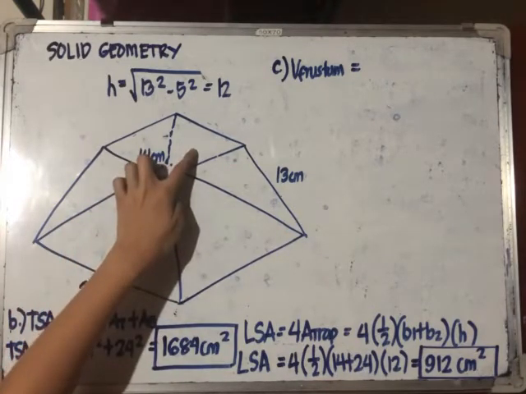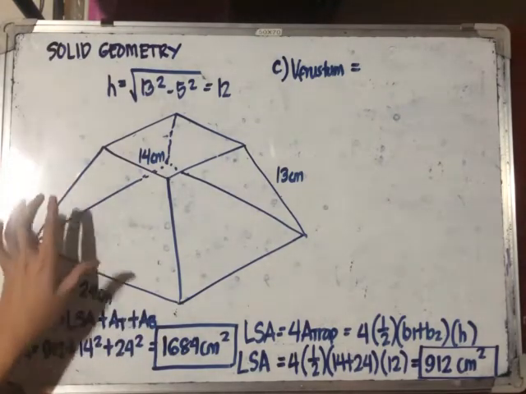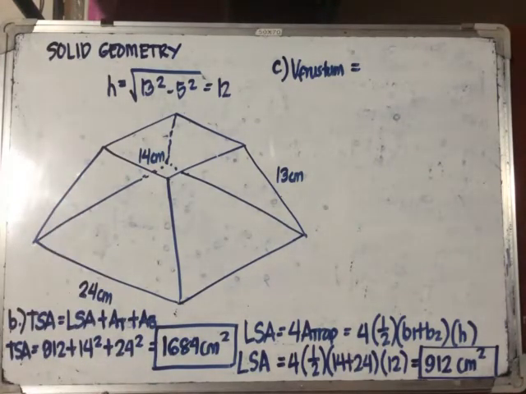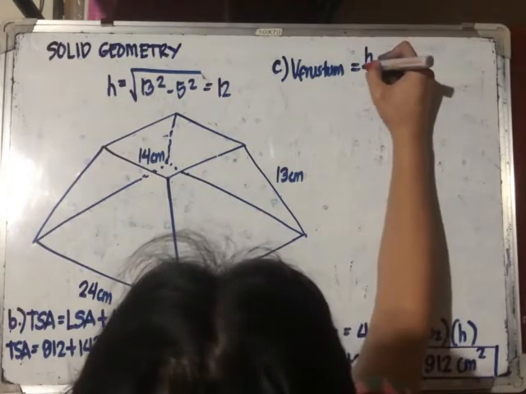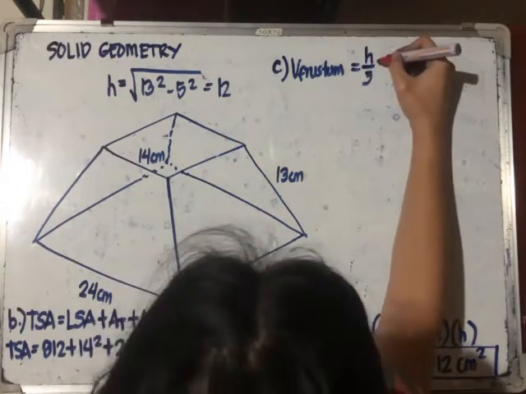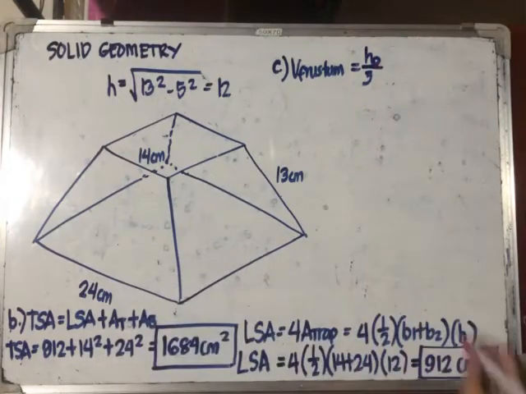A square base on top, another square base at the bottom, and both of them are parallel to each other. Okay, you can have that as a frustum.